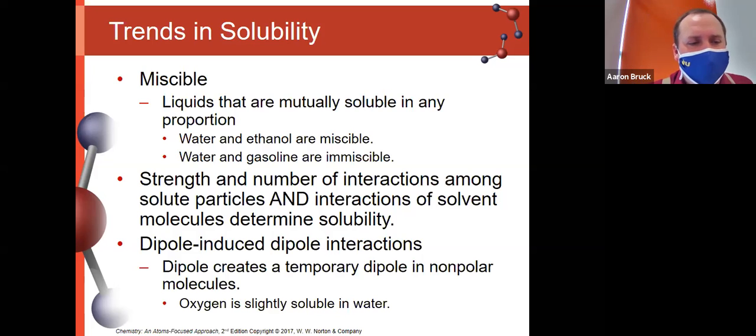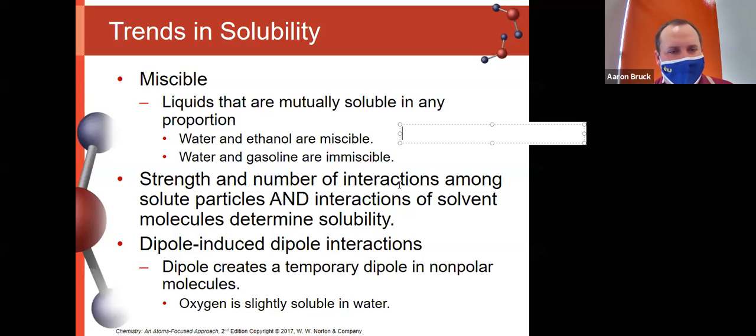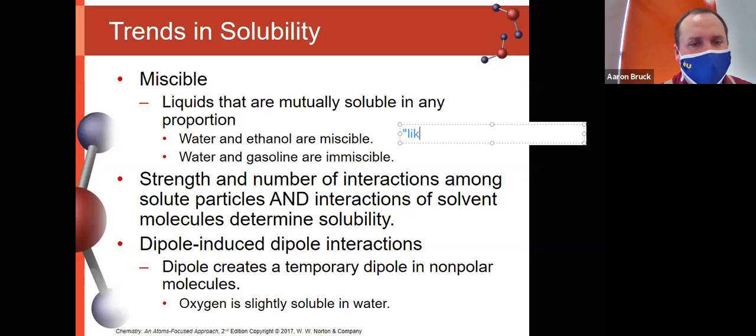When it comes to whether something will dissolve or won't dissolve, it has to do with the interactions of the intermolecular forces between the molecules in question. The generic trend that we like to use here: like dissolves like.